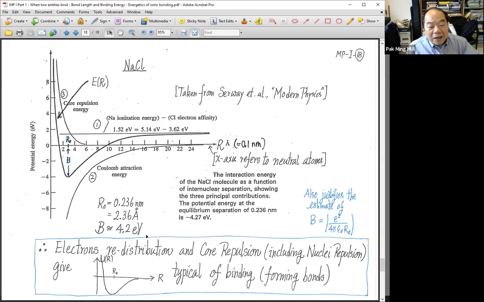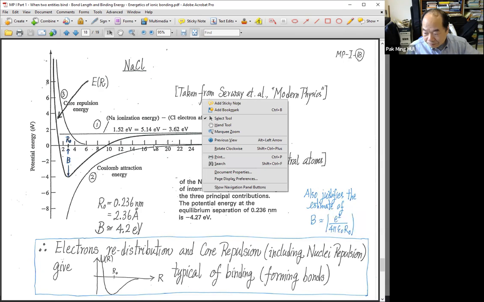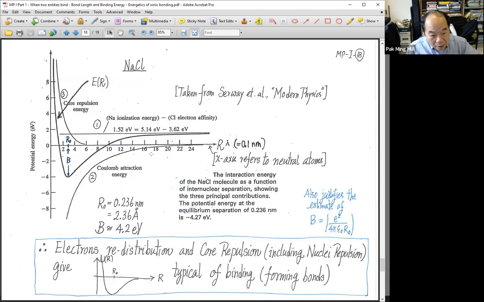And this idea confirms why we can estimate the binding energy simply by the Coulomb form. That comes from this Coulomb part.